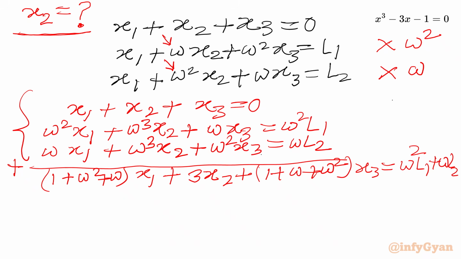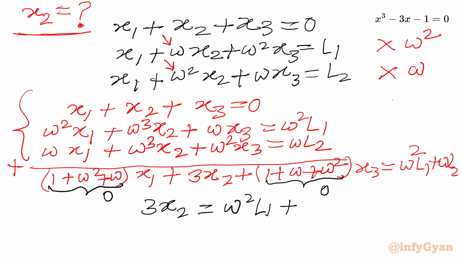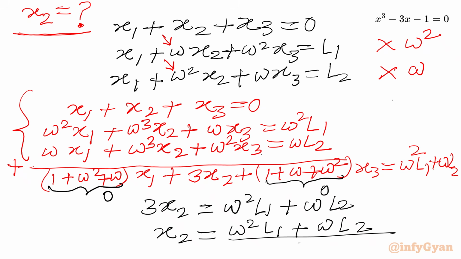Again we have 1 plus omega square 0. Here also we will put 0. So it is 3x2 equal to omega square L1 plus omega L2. By dividing by 3, we are going to get the x2 value. It is omega square L1 plus omega L2 over 3.